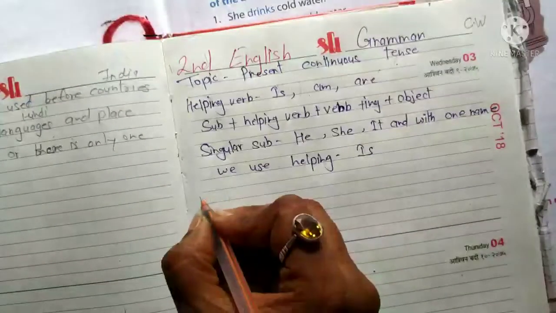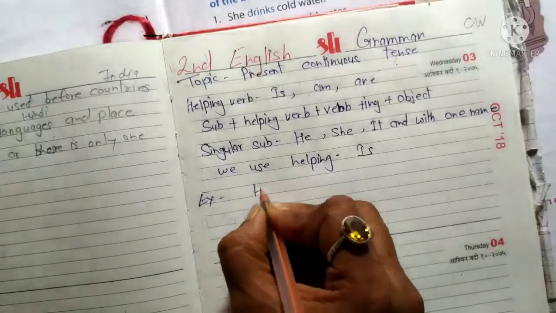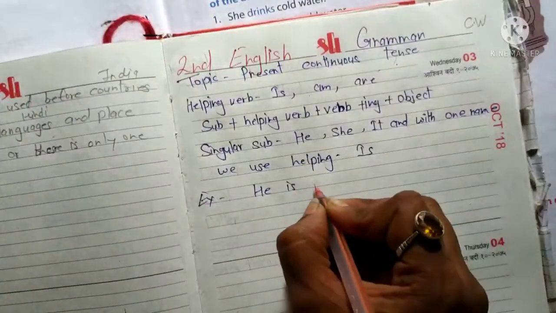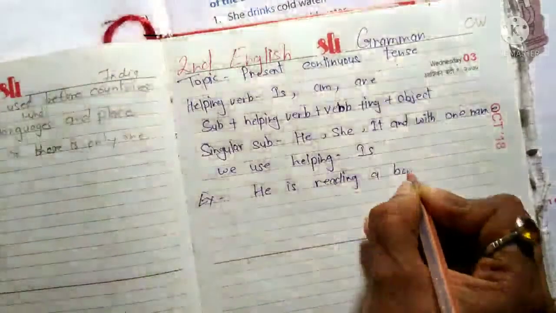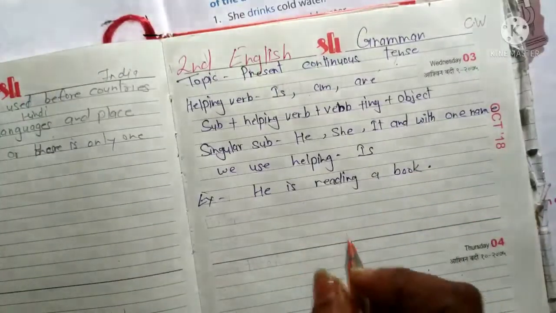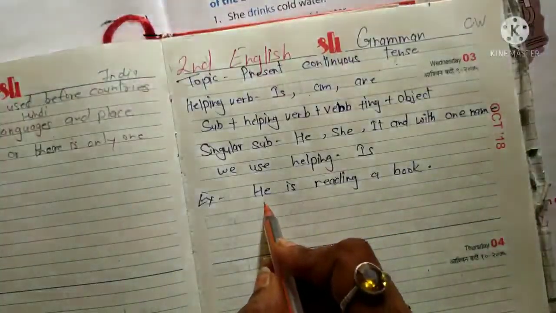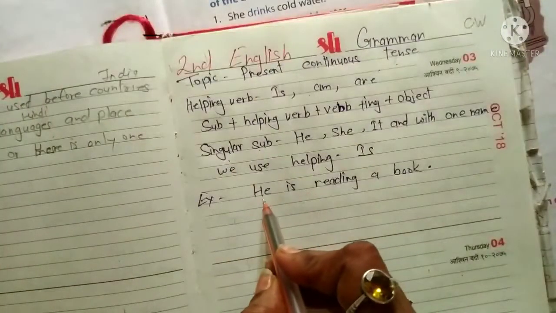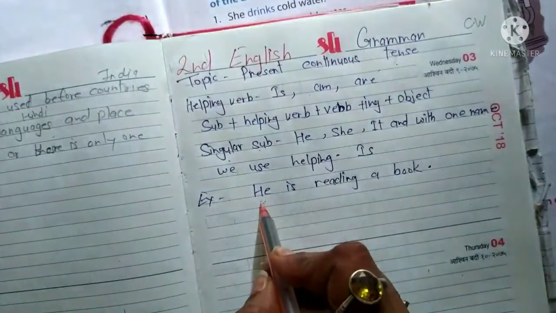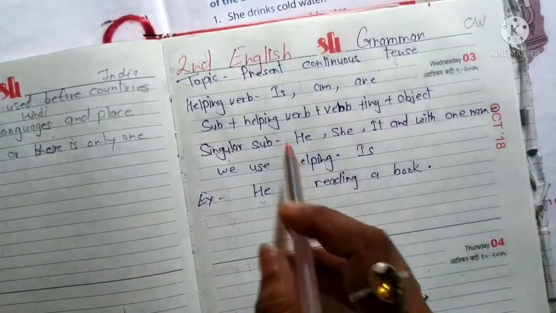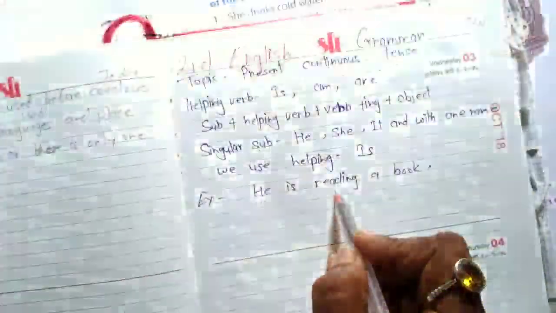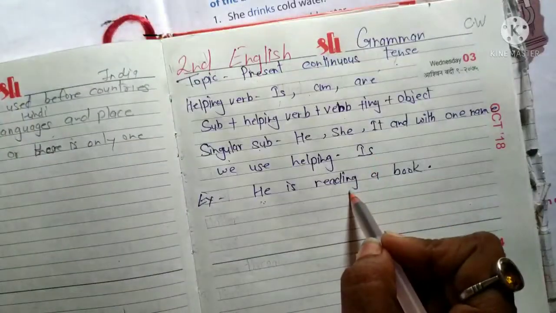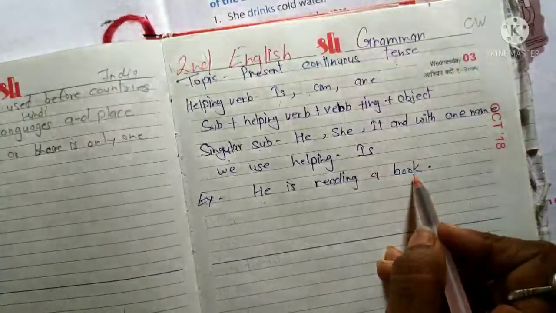Like in this example, he is reading a book. In this sentence, he is a singular subject, and with this singular subject we use helping verb is. Then our verb is read, and in this verb we will add ing, and then we put our object.